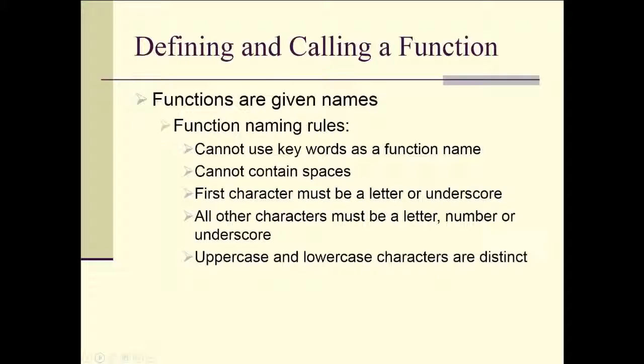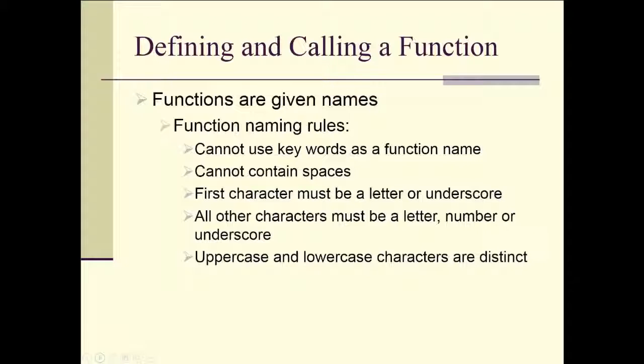It's just quite a bit like variables, and if you'll notice, the naming rules are pretty much the same as variables. You can't use a keyword for a function name. For instance, you can't use print because that's already built into the program. It can't contain spaces. The first character has to be a letter or an underscore, although most programmers don't use an underscore as the first character. It just doesn't look very good.